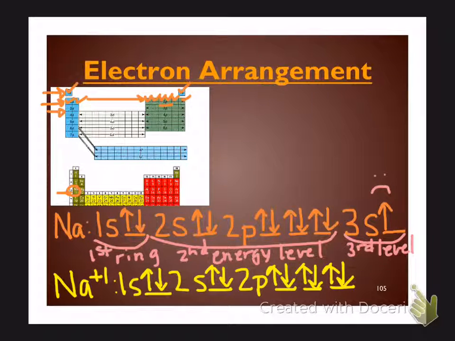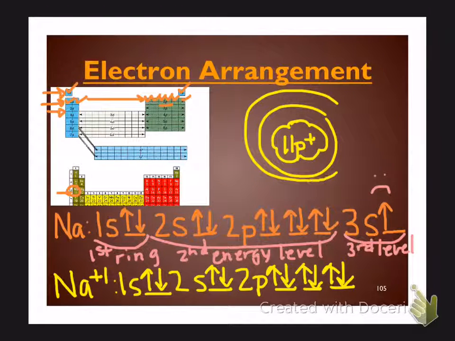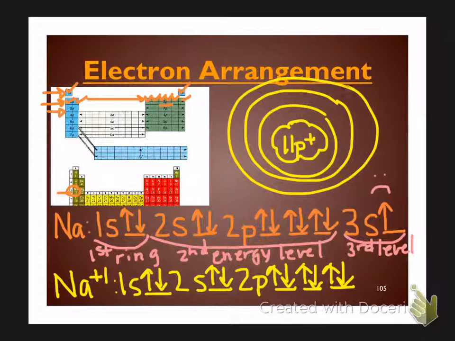Now, if we look at this ion, we have sodium, and it has 11 protons in the nucleus, and as an atom, it has 3 energy levels. One with 2 electrons, one with 8 electrons, and one with 1 electron.